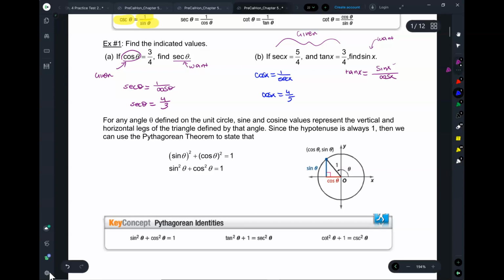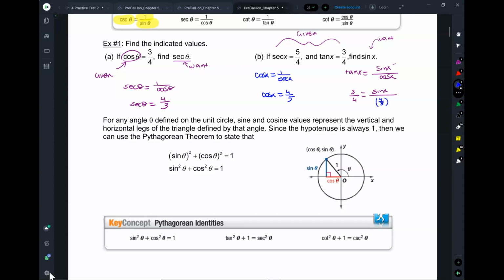That means, let's plug that in here. 3/4 is equal to sine of x over cosine of x, which is 4 over 5. And now how can I find sine of x? What do I multiply by? Multiply both sides by what? Not 5 over 4. By 4 over 5.